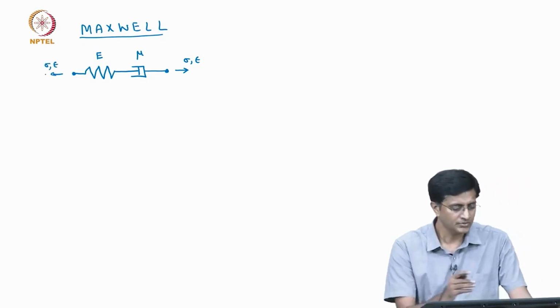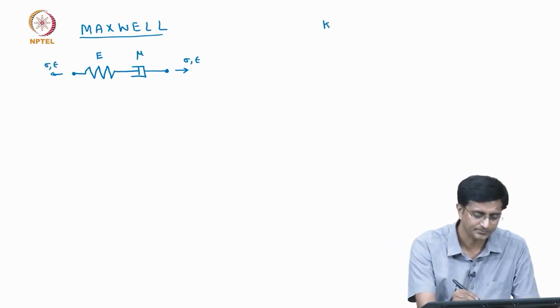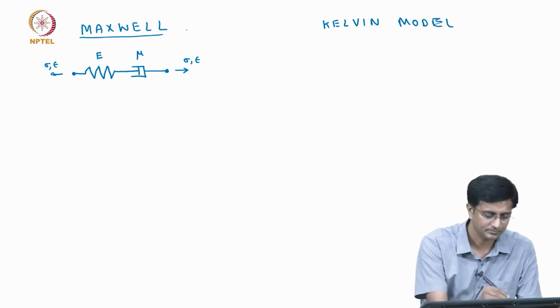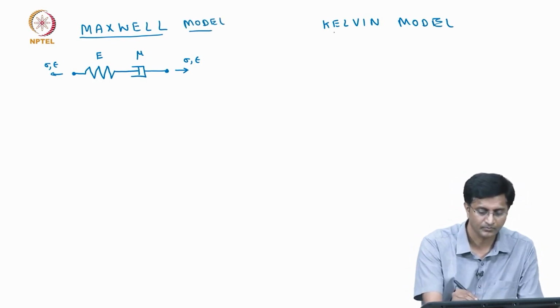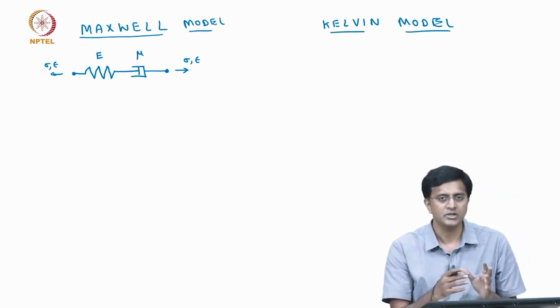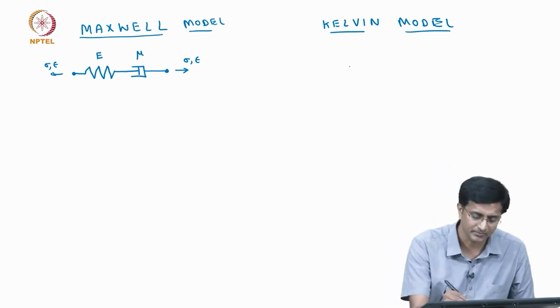Okay. In contrast, we also have the Kelvin model. The only difference between the Maxwell and Kelvin model is that in Maxwell both spring and damper are in series, whereas now we will show them in parallel.